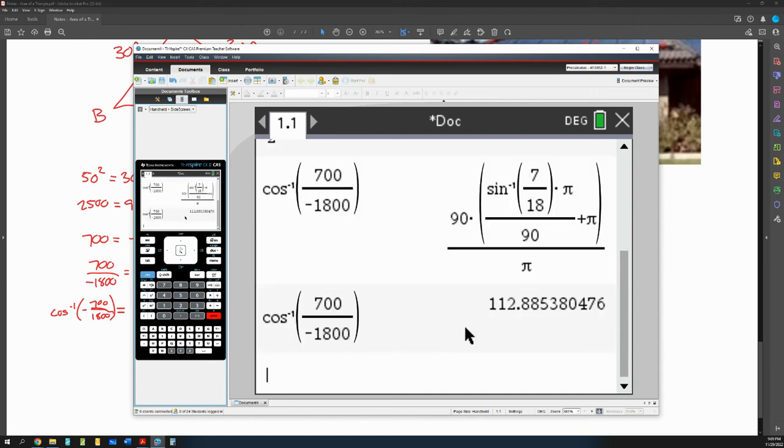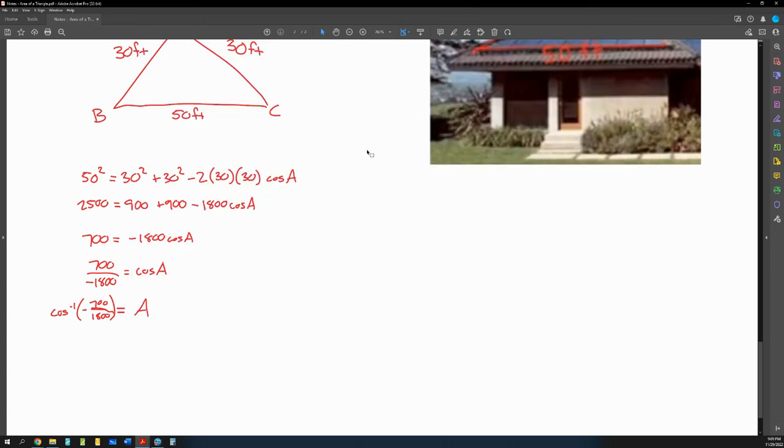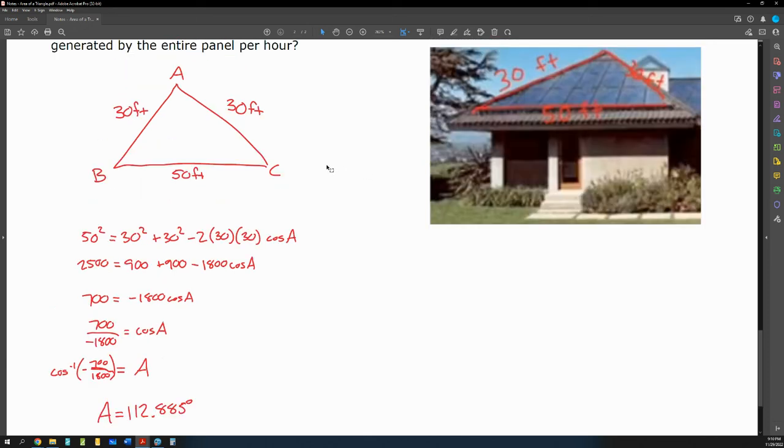That gives us our angle measure in degrees of 112.885 degrees. So angle A is equal to 112.885 degrees. Now this isn't our answer, this is just the angle A. We're going to use angle A to solve for the area.